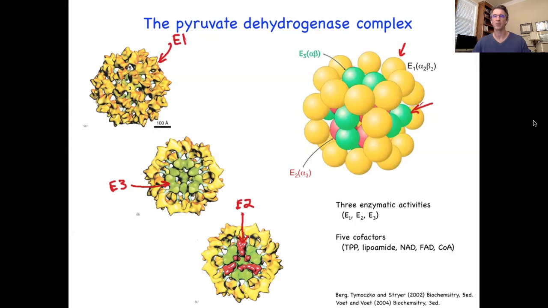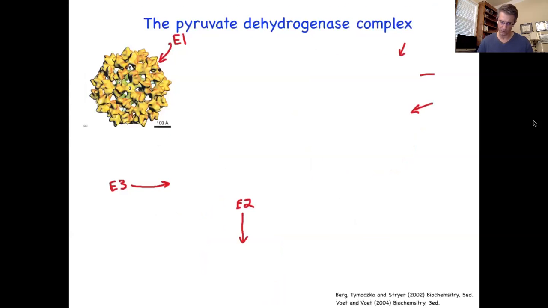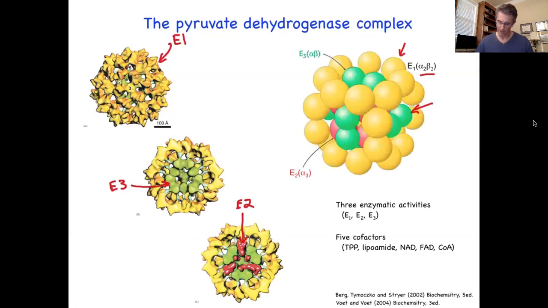Each one of those balls is a multimer. Each one of these E1s is an alpha 2 beta 2 heterotetramer. The E3s, the dihydrolipoamide dehydrogenase, is an alpha beta heterodimer, and the E2, the transacetylase down in the core, is a homotrimer, right?